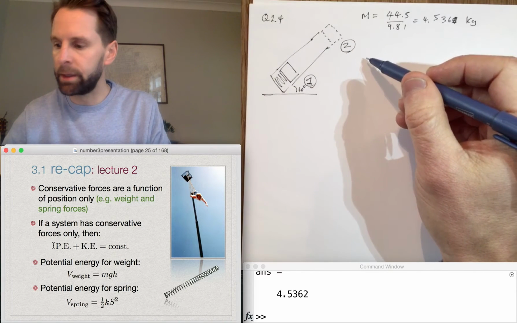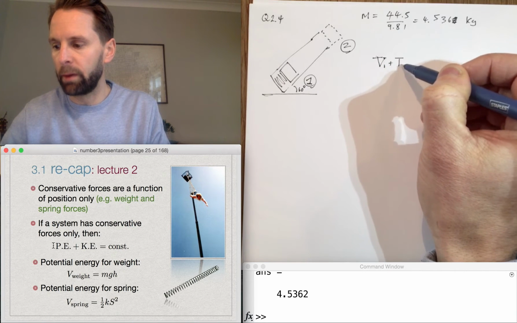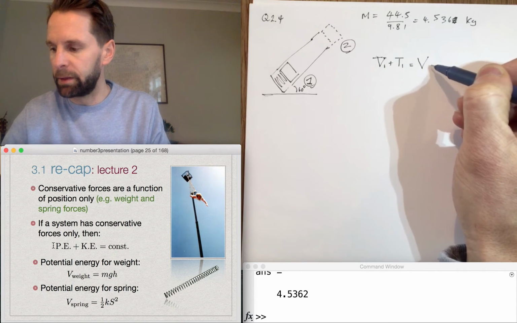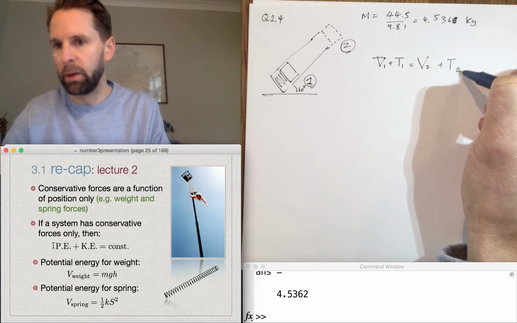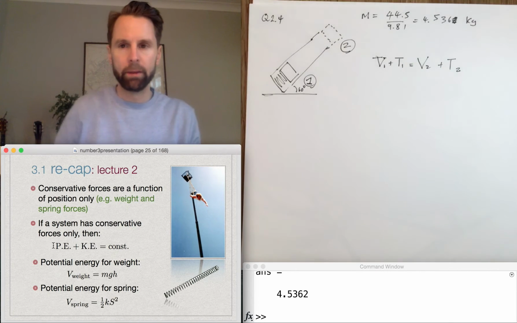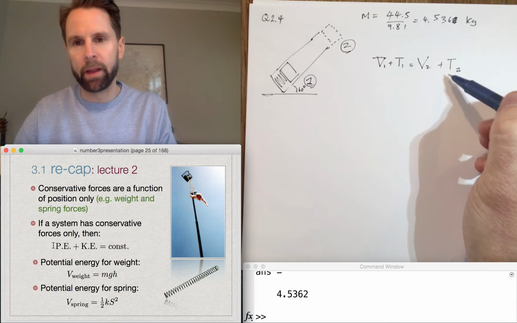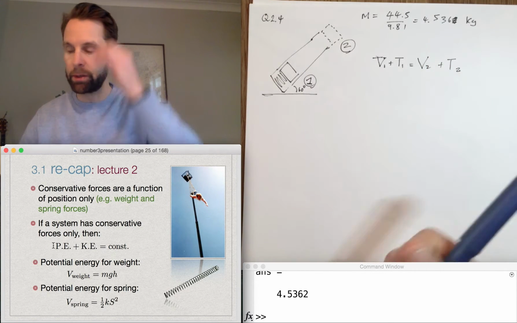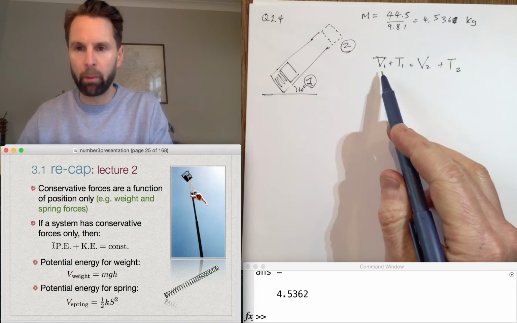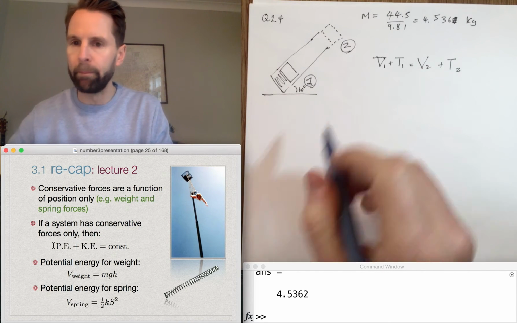So we can write V1 plus T1 is equal to V2 plus T2, where V is the potential energy and T is the kinetic energy. What we eventually want to find out is the kinetic energy at position 2, but we'll start by evaluating these other terms one by one.